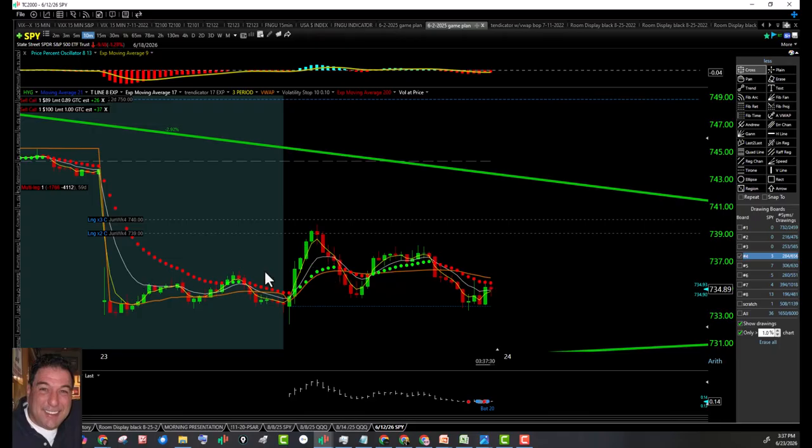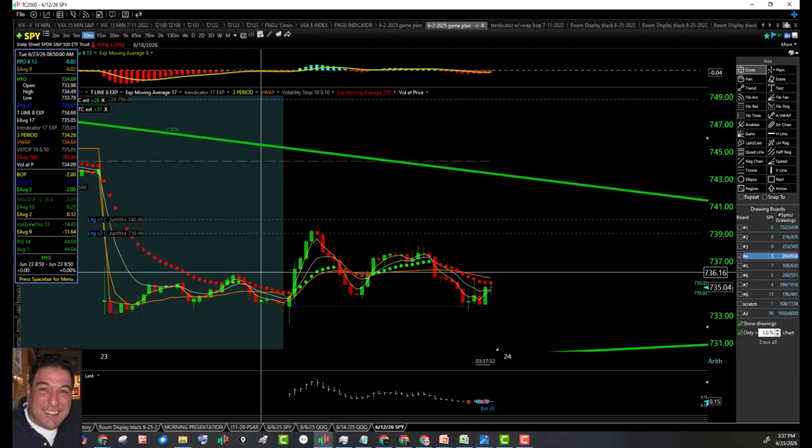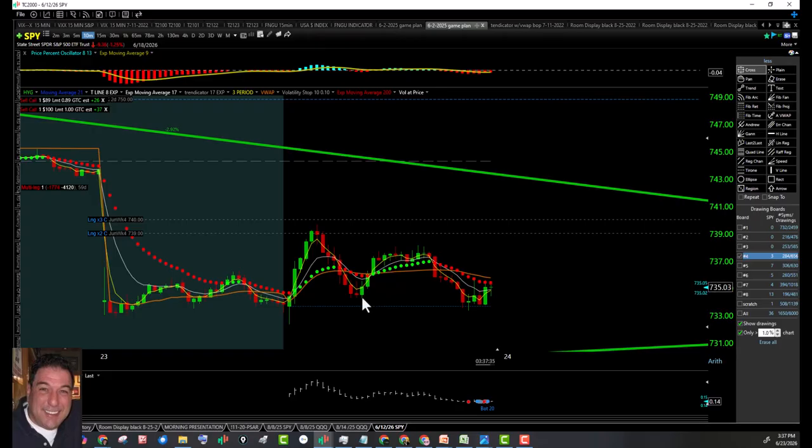And of course, price didn't respect either one of those, came right through it. And then we produced the lower high. With the lower high, we inked out an insignificant lower low. Really not that significant, because we didn't take out this low. All we did was take out this low.